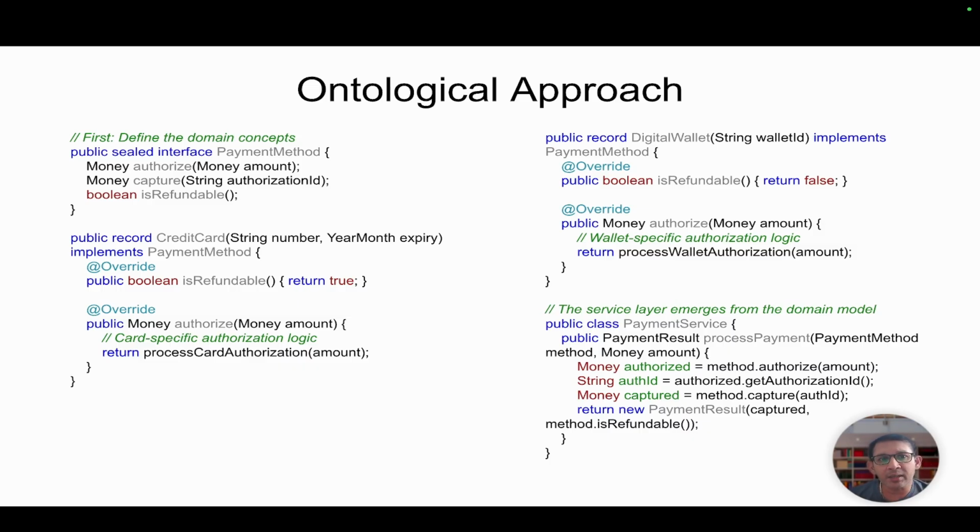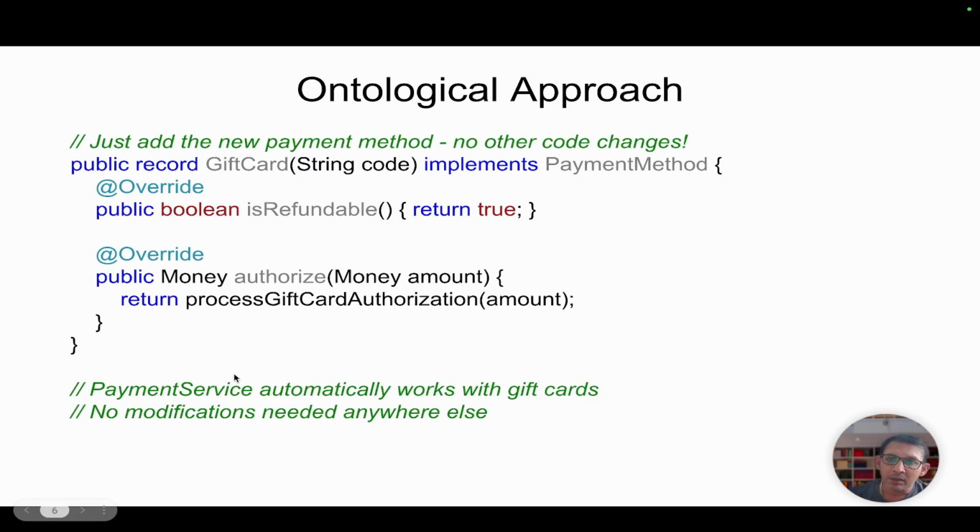Now, assume that marketing comes to you 6 months later and says, we need to support gift cards. Then you don't need to rewrite your payment processing system. You just implement a new gift card payment method that follows the same interface. The gift card authorizes by checking the card balances and placing a hold.